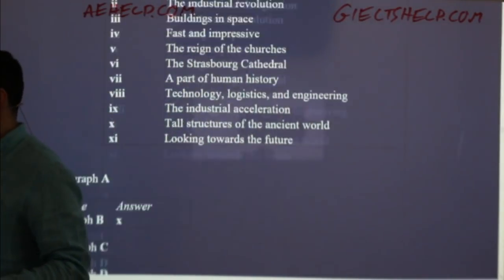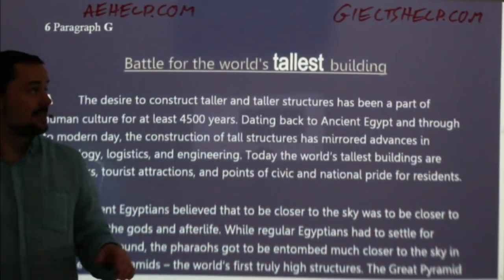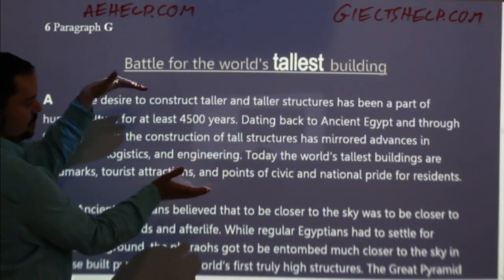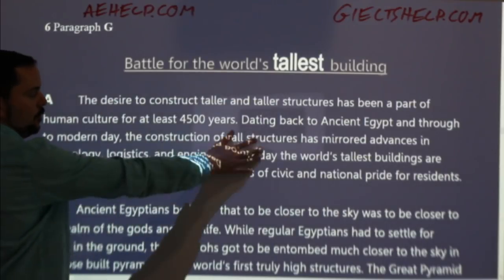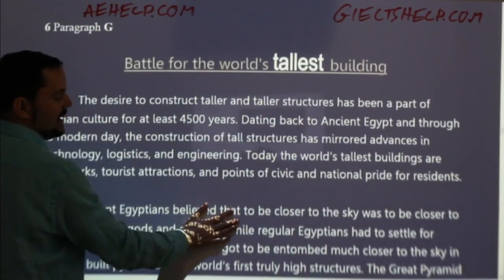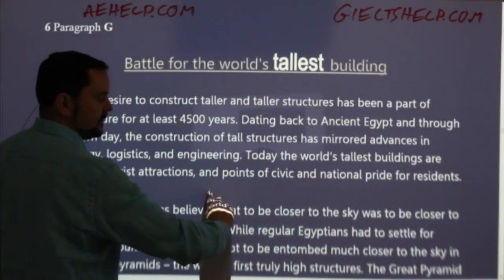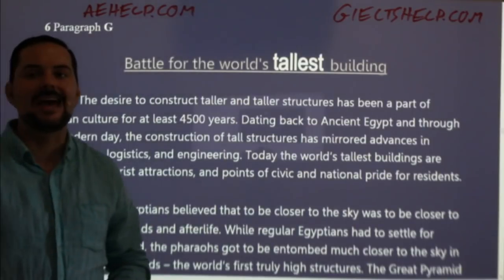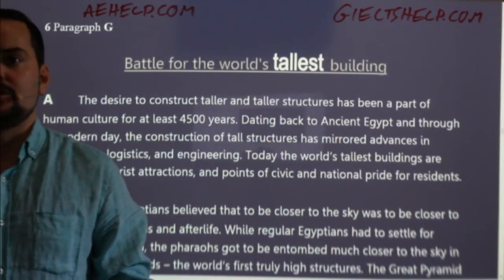So as you see here, there's a title for the whole passage. Now imagine that if you're just looking at a paragraph and you read only this, you have to give it a title. Then you read the next paragraph, you read only this, and you have to give it a title. So that's the idea of the list of headings questions, okay?